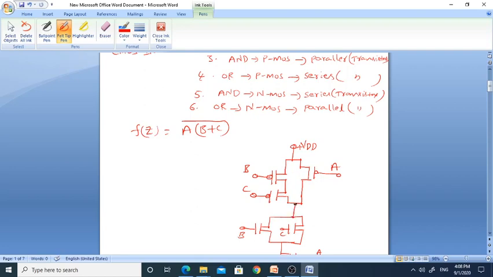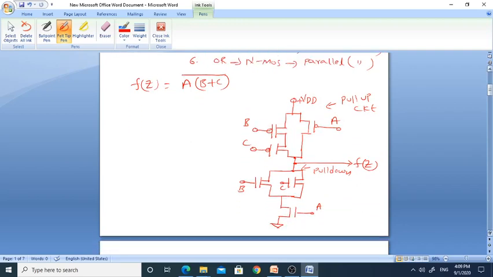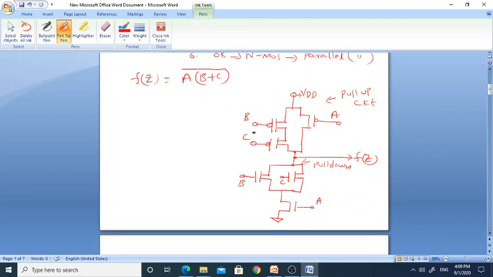So this is the pull-up circuit, and this is called the pull-down. Now here we take the output function, that is F(z). Now our circuit is over. Generally the complementary connection means that both the P transistors and N transistors must be joined.